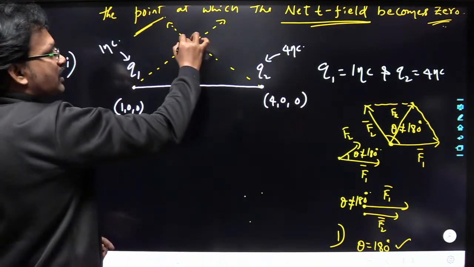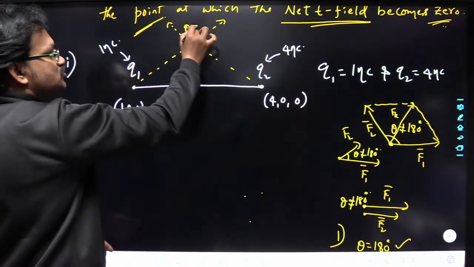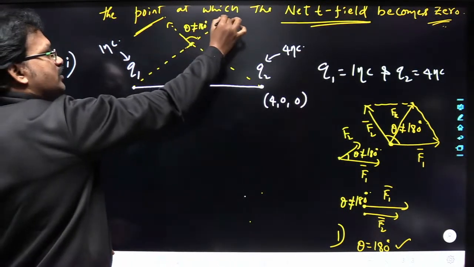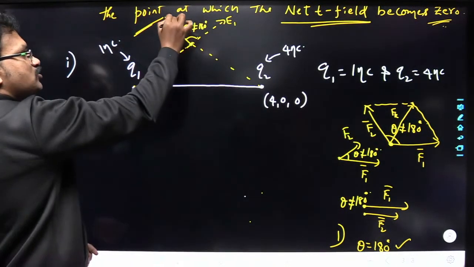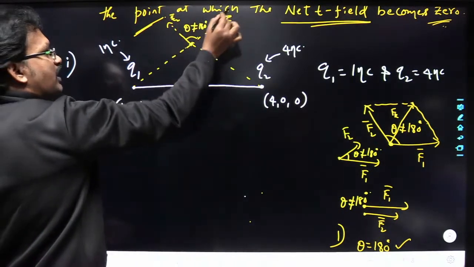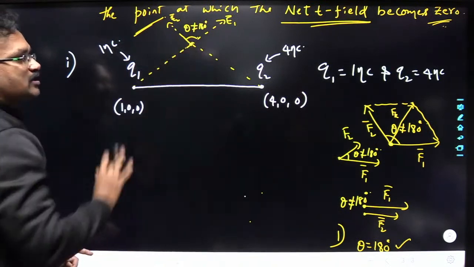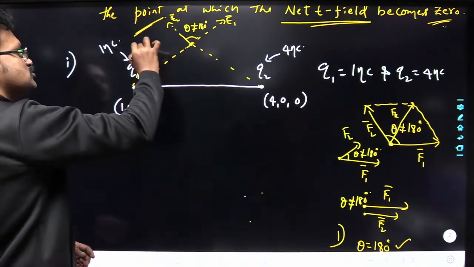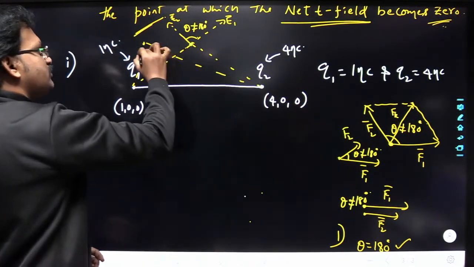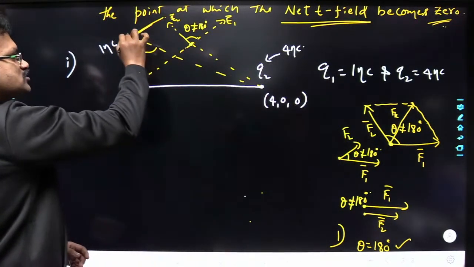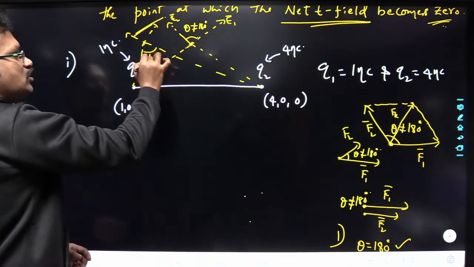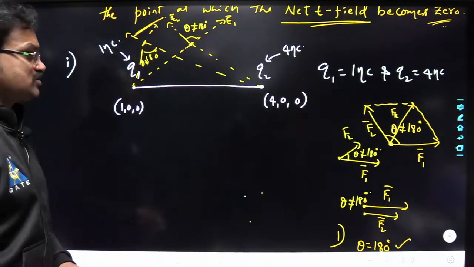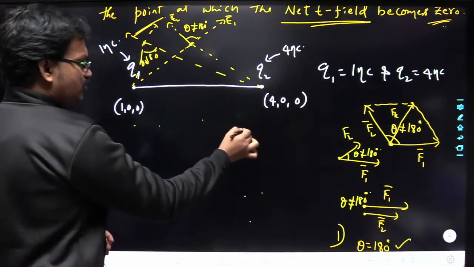Here the angle between these two is not equal to 180 degrees. Let us say the field produced by Q1 is E1 and the field produced by Q2 is E2. So the angle between E1 bar and E2 bar is not equal to 180 degrees. Now if you consider some point here, the angle between these two fields is also not equal to 180 degrees. Similarly, you can take any point here.